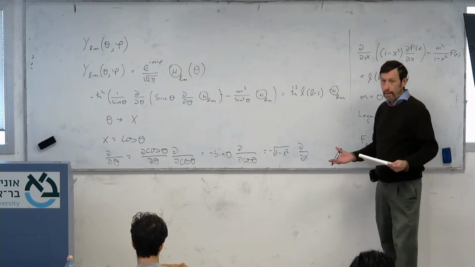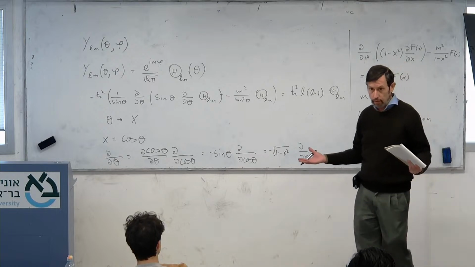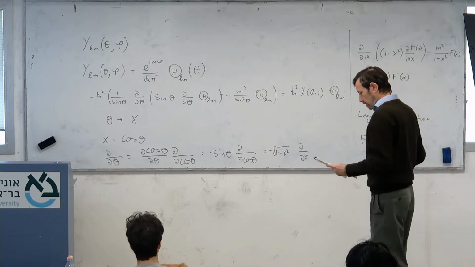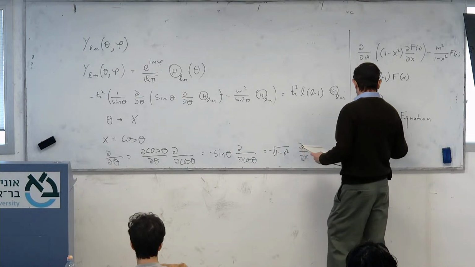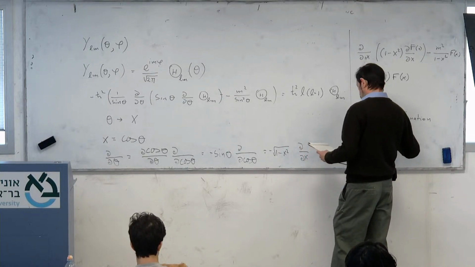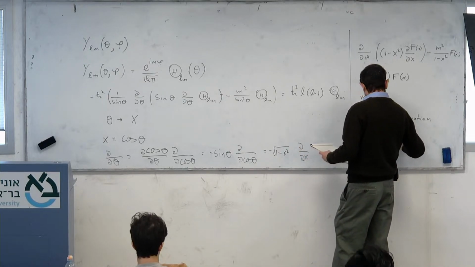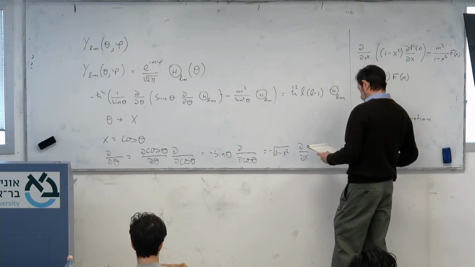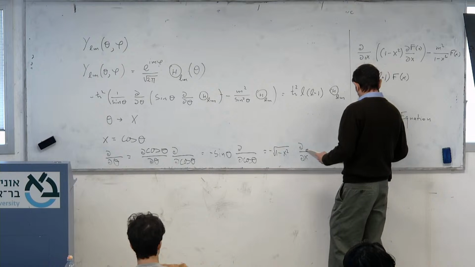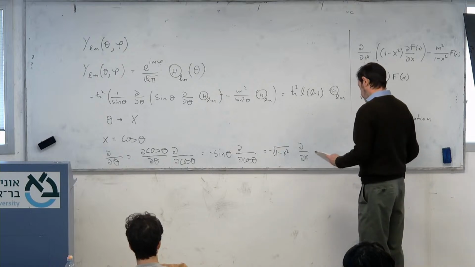We don't have m anymore, it's equal to 0, so f of x is equal to the Legendre polynomial, and the Legendre polynomial is just given by the following derivative.